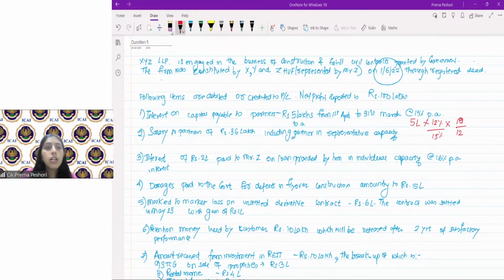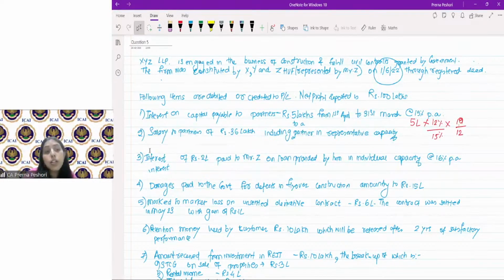Yes, salary in representative capacity, correct, Janvi, is also allowed. So salary in representative capacity is also considered, because here the salary is given to X, Y, and Z. Now the HUF is being represented by Mr. Z, so he is acting in a representative capacity.